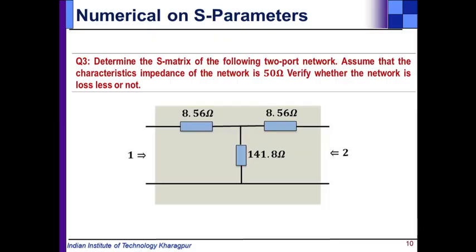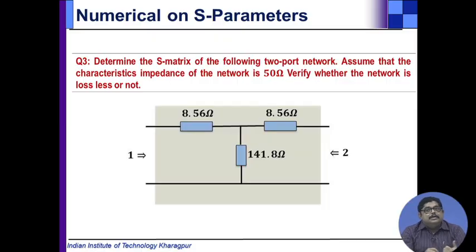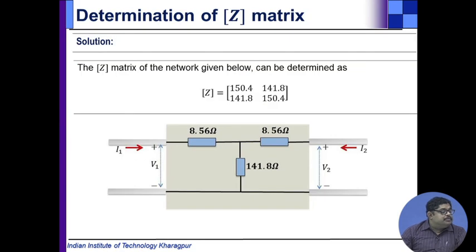You can very easily find the Z matrix, and from the Z matrix use the formula to find the S matrix, because otherwise if you try to find the S matrix directly, you will have to find the reflection etcetera at various ports. You can do that, but comparatively that is a bit tricky, but you can just come to the Z matrix. If you do, the Z matrix will be like this.